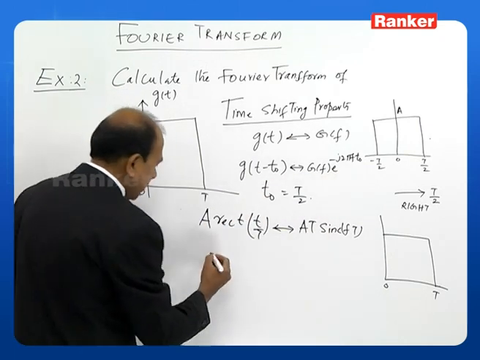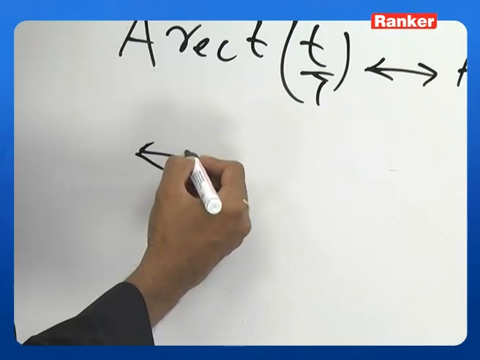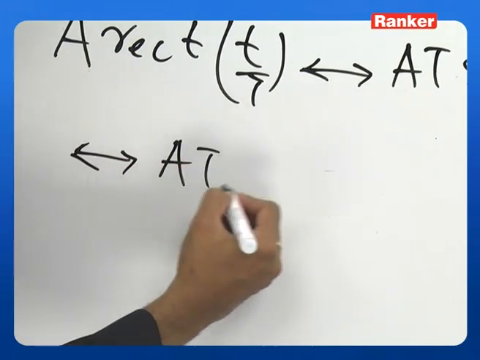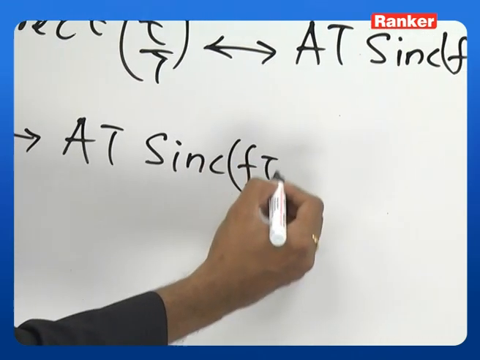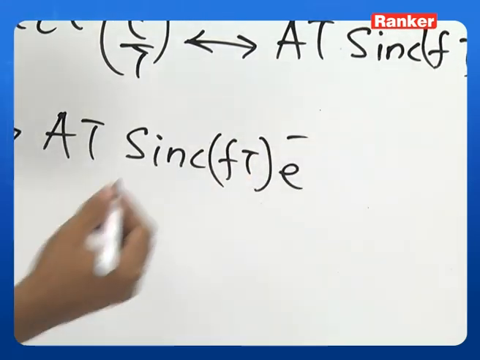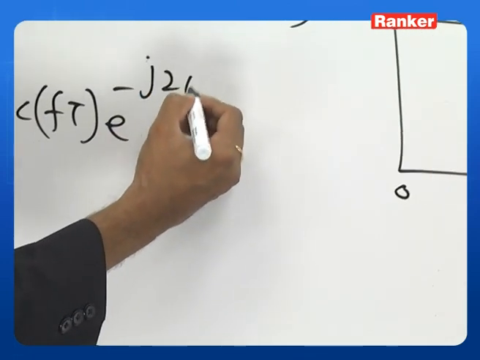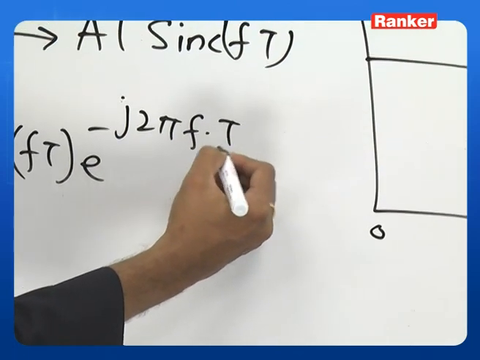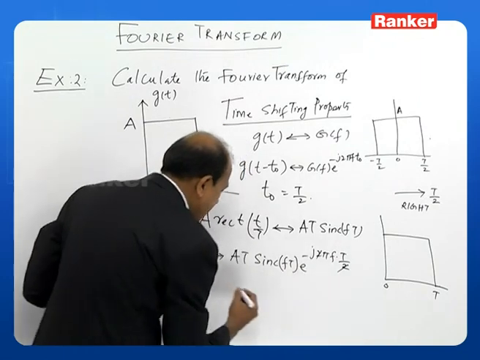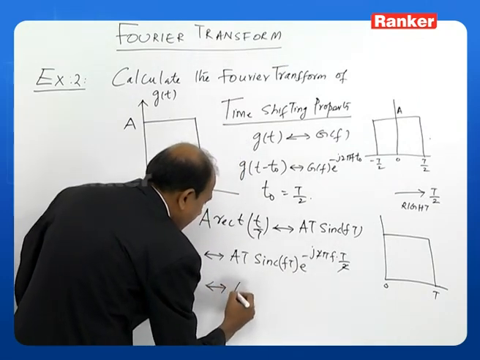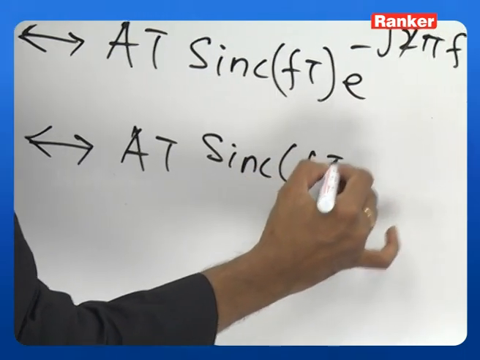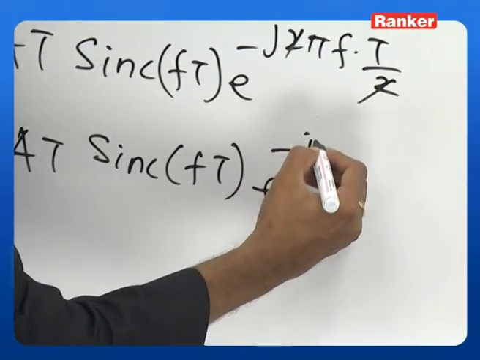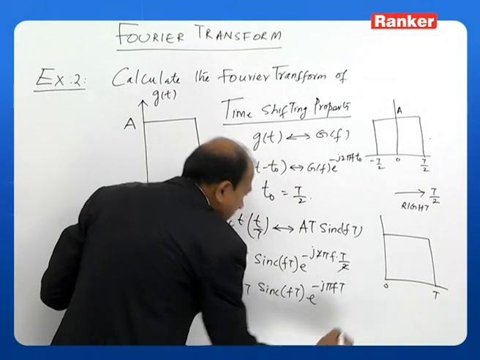Now, let us write it here. So, A T sinc(f T) e to the power of minus j 2 pi f into T by 2. So, this will get cancelled, and you will get A T sinc(f T) e to the power of minus j pi f T.